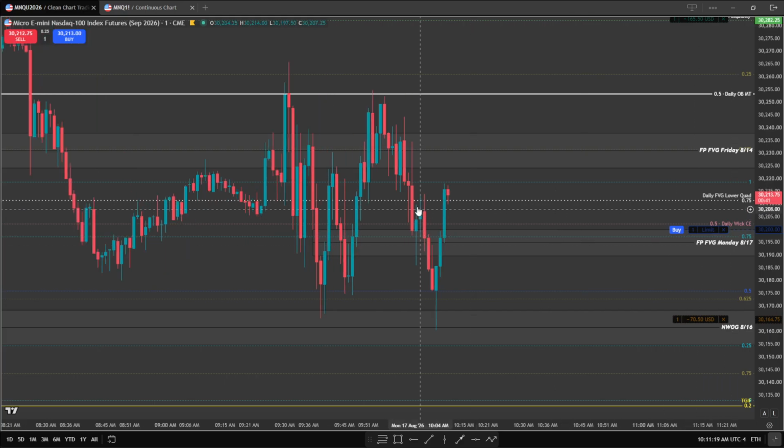There's kind of a breaker here, a little bit. It's a swing high and then a run below liquidity, and now we're breaking up above that. So this could act as a breaker here.